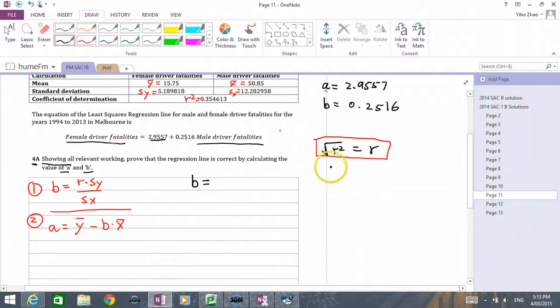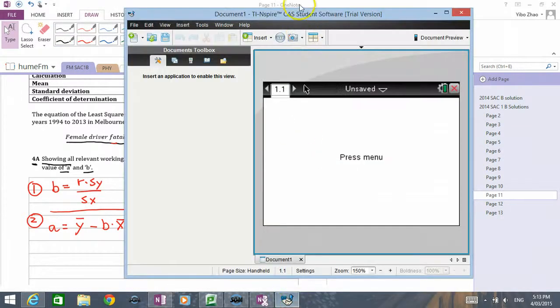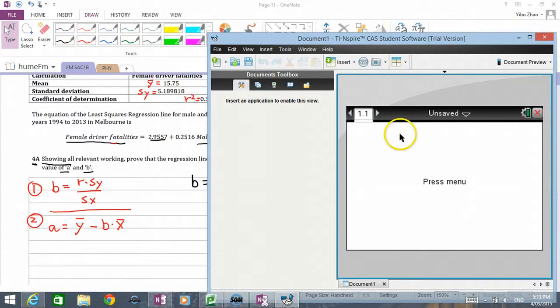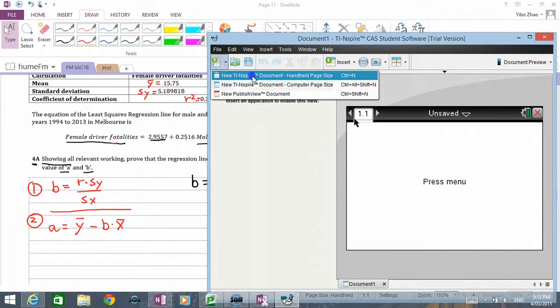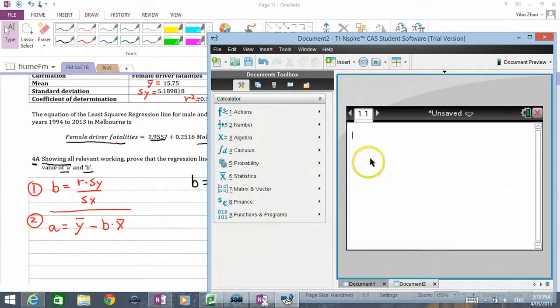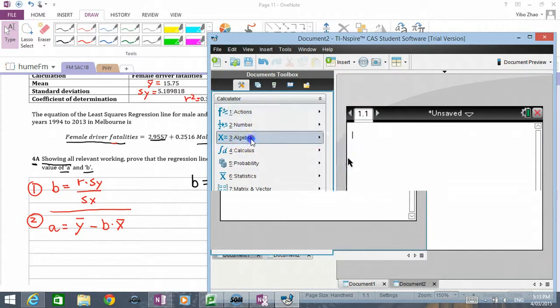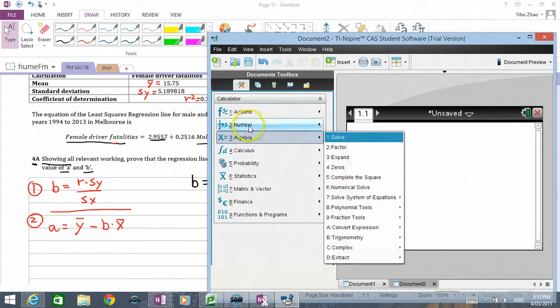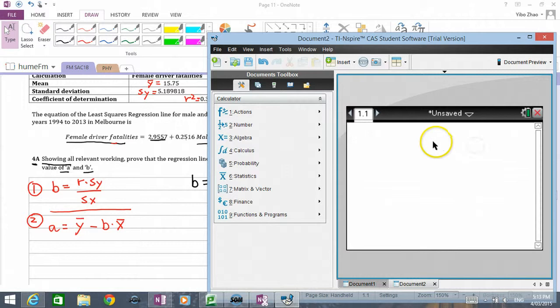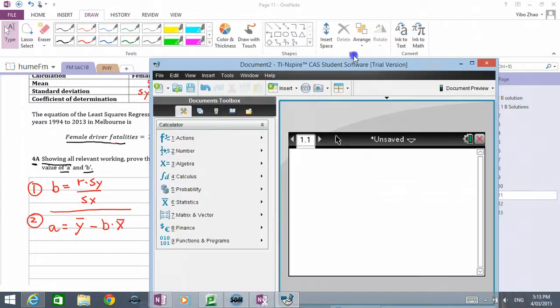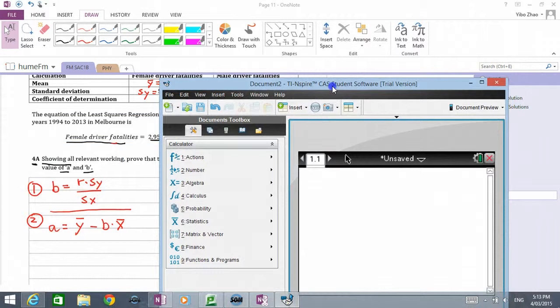Let's do it in our calculator. Let's square root r square. Go to a new calculating page. The square root should be in your key button, but I'm just going to type it in there.